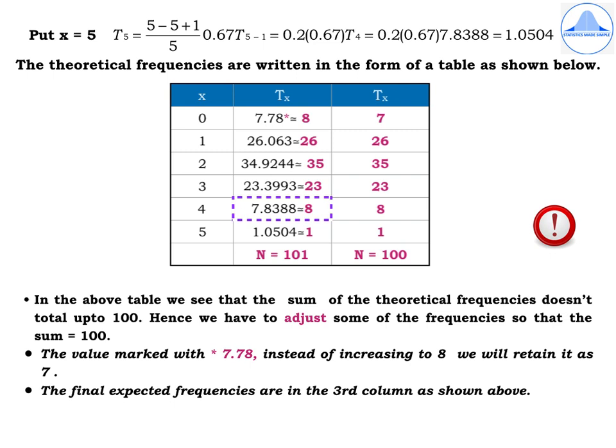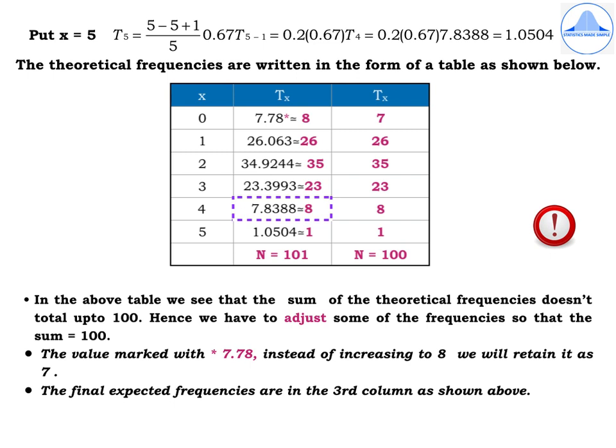Now in this table we see that the sum of the theoretical frequencies doesn't total up to 100, but it is 101. Hence we have to adjust some of the frequencies so that the sum is equal to 100.